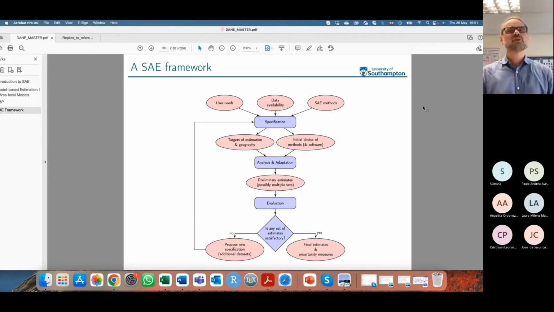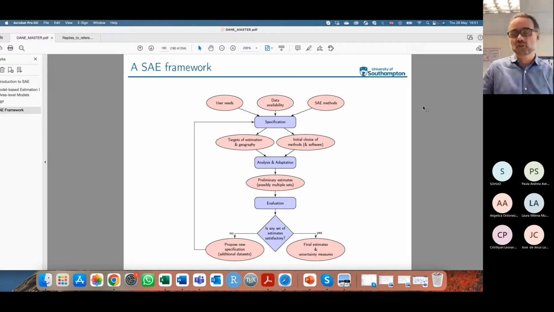What we haven't quite discussed as part of this training is, for example, the targets of estimation in geography, because I assume that for DANE this is quite well defined, unless there are other things that you may consider estimating which are not at the moment defined as part of the exercise.